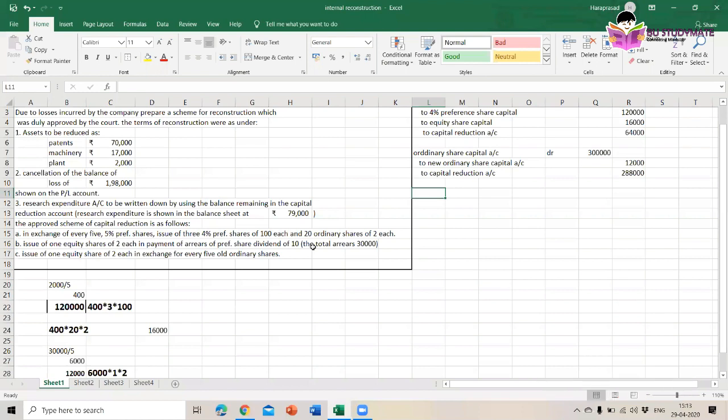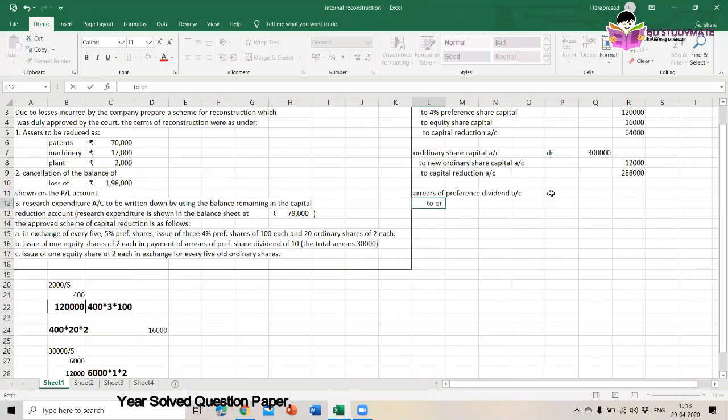So here the arrears of preferential dividend, how much is the amount? The amount is 6,000 rupees.